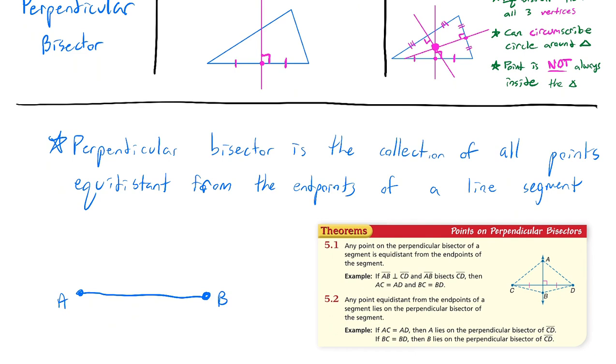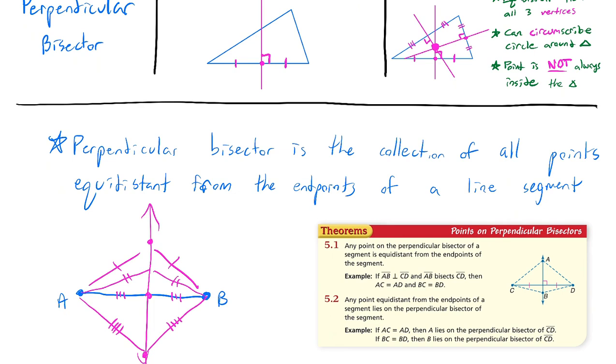But the idea here is the perpendicular bisector is exactly the collection of points that are equally distant from A and B. So if you form an isosceles triangle, and then a different isosceles triangle, and then the midpoint too, that's equally distant, and then another isosceles triangle from A and B, then all of these points together, infinitely many, create a line, and that line is the perpendicular bisector. Every single point that's equally distant from those endpoints A and B, at least 2-dimensionally on this plane, lies on that line. And every point on that line is equally distant from A and B.